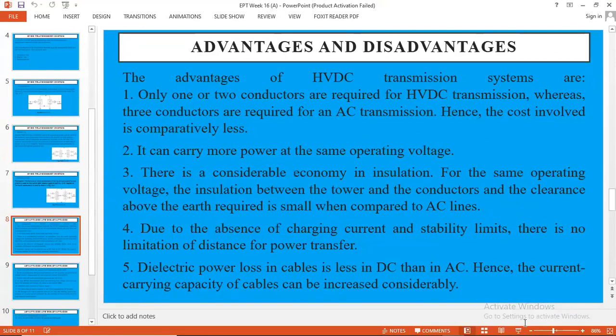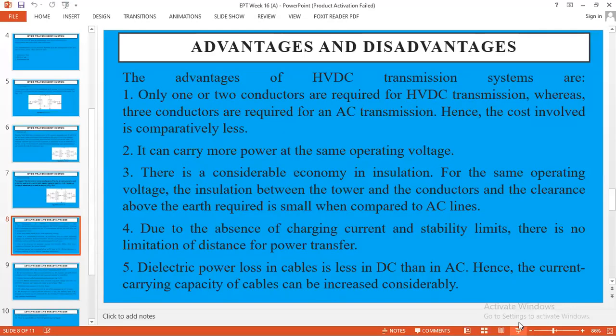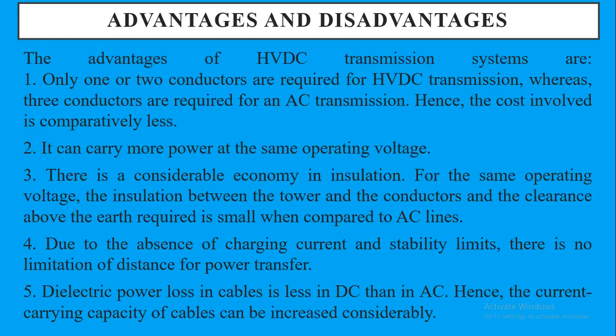So coming back to the advantages and disadvantages of the high voltage DC power system, the advantages of HVDC transmission systems are, number one, only one or two conductors are required for HVDC transmission, whereas three conductors are required for an AC transmission.